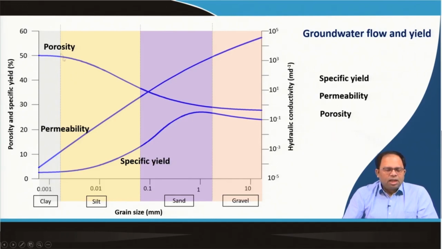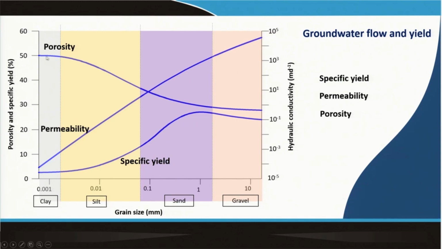This is a graph which shows how, for different kinds of soil like clay, silt, sand and gravel, these 3 parameters vary. You can see porosity here is around 50%. This is clay.